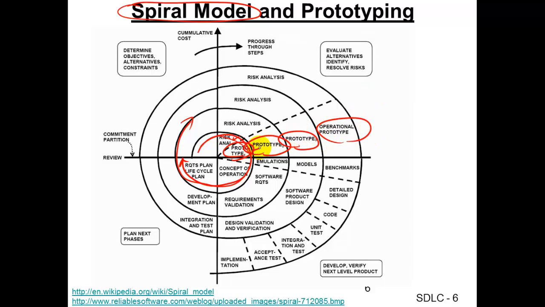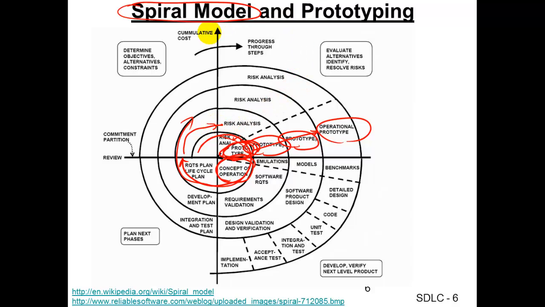Eventually the prototype becomes the operational system, but first the prototype can be very primitive, and we use it to prove the concept of operation. If you work with anybody in the federal government, sometimes they call it CONOP, which is concept of operation. It's proof of concept. Quickly have something up and running and say, hey, this sounds like what you wanted. If you really like it, let's go ahead and continue with a more detailed analysis.